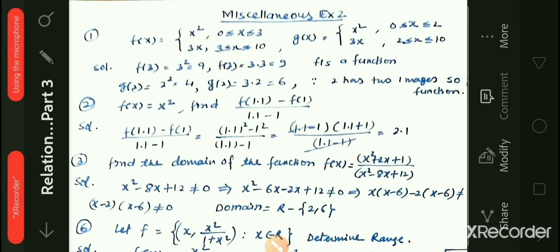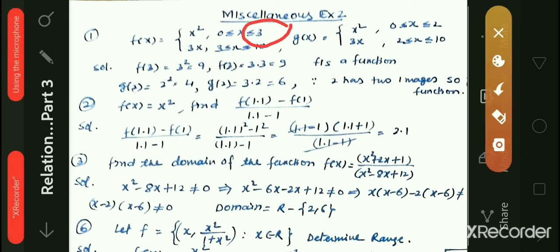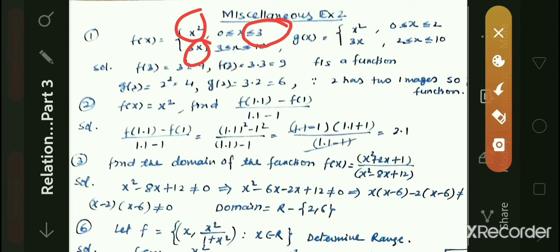Since the function is changing its definition at x is equal to 3, we check at x is equal to 3 from both. f(3) is equal to 3 square, which is 9, and also f(3) can be found as 3 into 3, which is 9. Both values are equal, so f is a function.